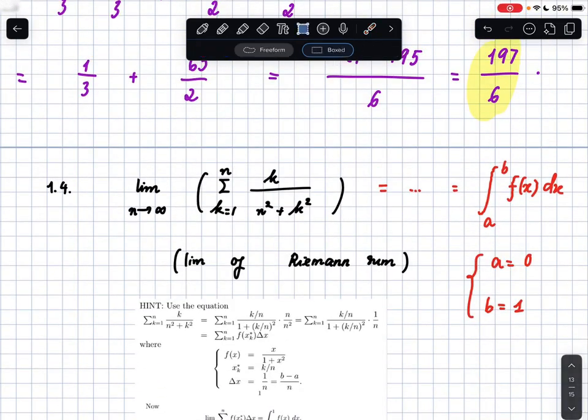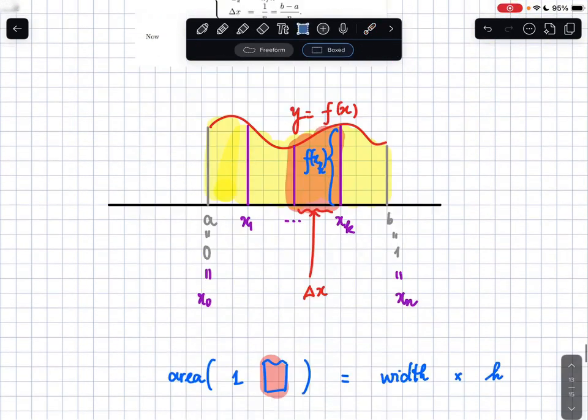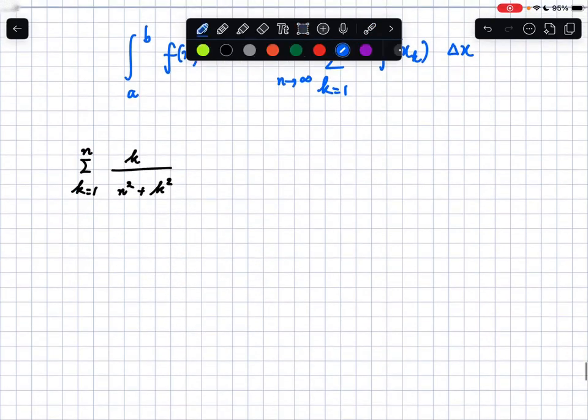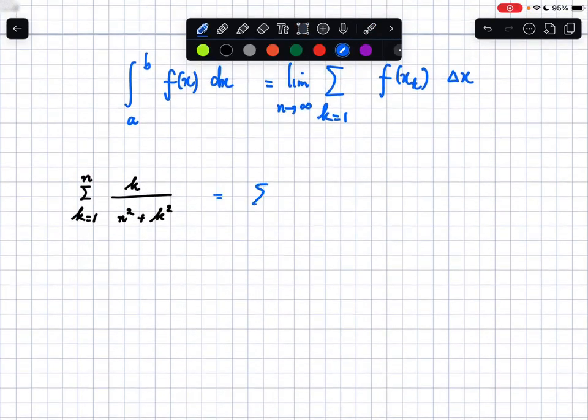Here is how they do it. The summation k from 1 to n. We want to create delta x and f of xk. Delta x is 1 over n, and to have 1 over n out there, we need an extra n here.